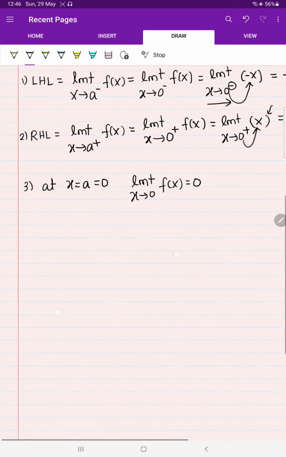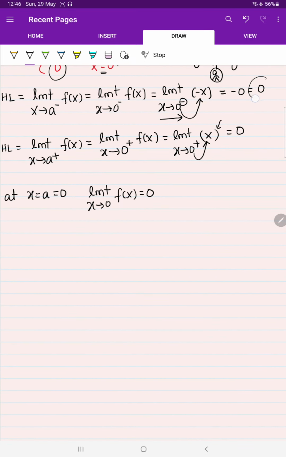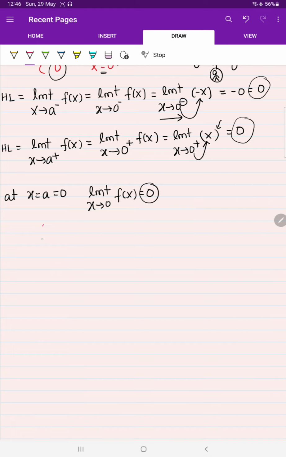Now from this I can write down the conclusion. See, keep your attention. Left hand limit, right hand limit and the value at the specific point, are all equal or not? Yes, sir. So the conclusion I can write is: the left hand side limit, limit x approaching 0 minus of f of x, this value we got is 0.